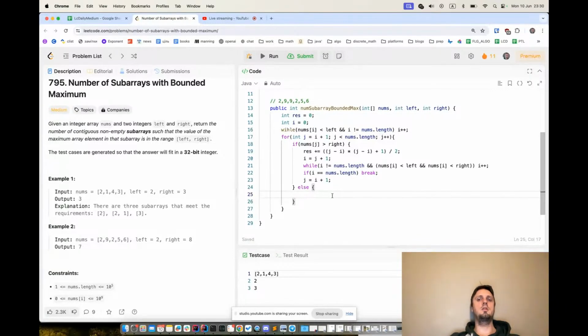So when nums[j] is greater than right, I calculate, and otherwise I just increment my j.